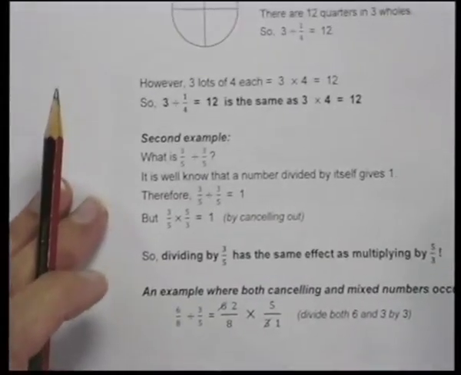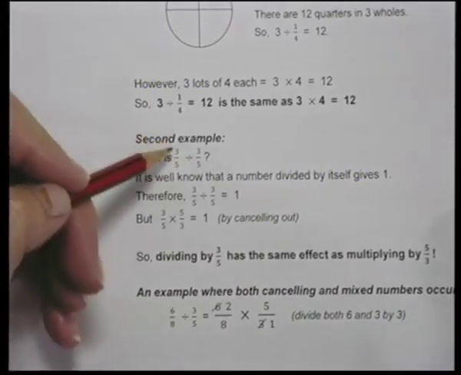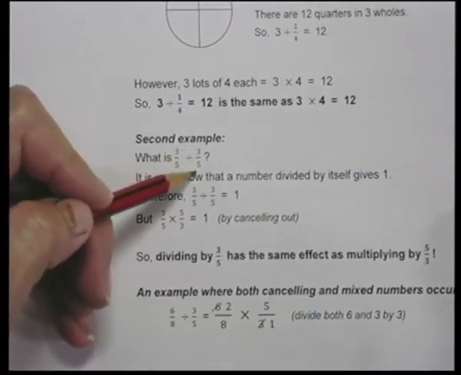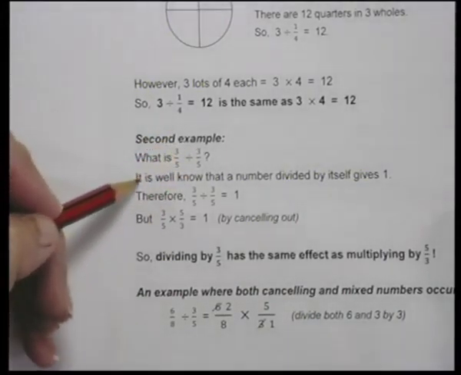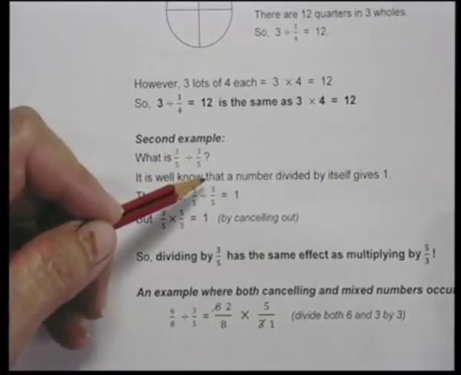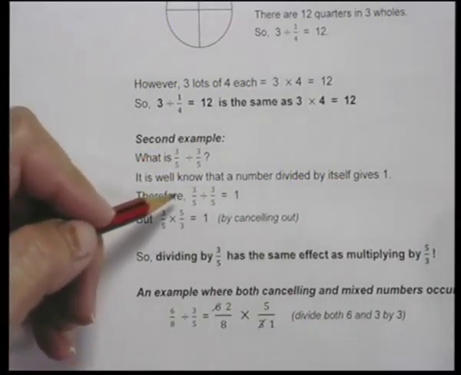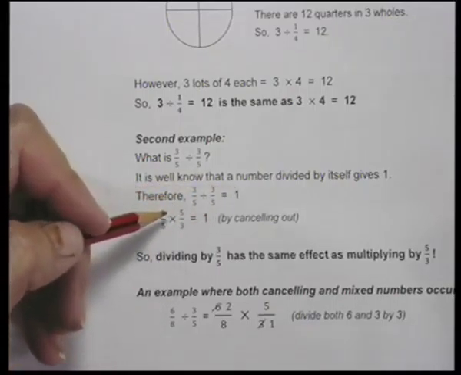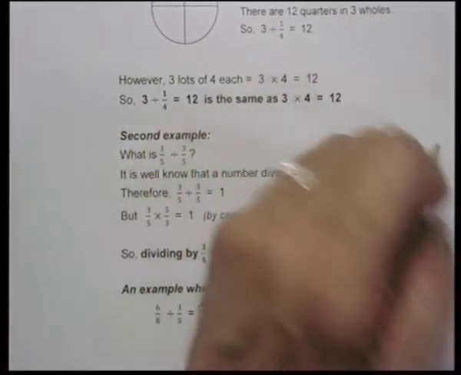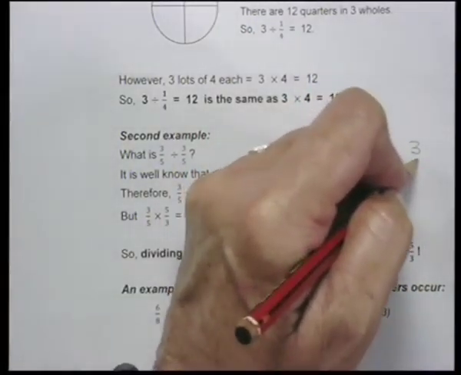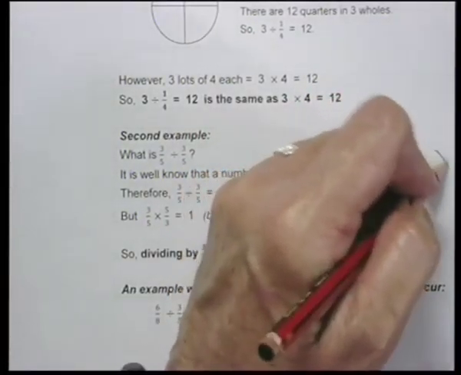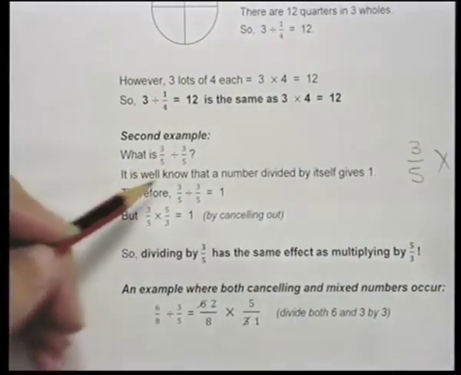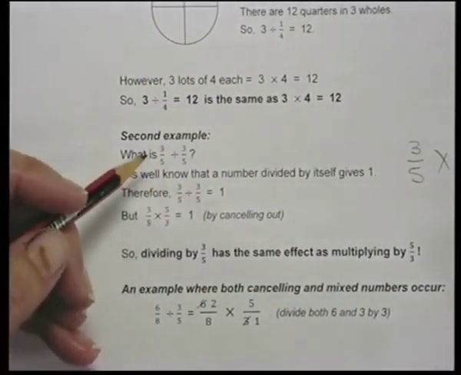But to make it easy to work it out, we can say 3/5 divided by 3 over 5. It is well known that a number divided by itself gives us 1. Therefore, 3/5 divided by 3/5 is 1 again. But we know that we can say 3 divided by 5 multiplied by the reciprocal of the next number.